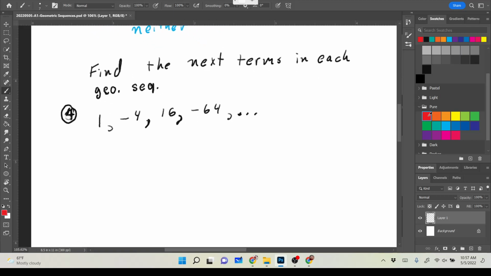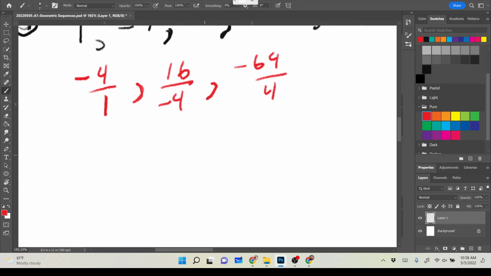To get to the next one, what's the ratio? It's not 4, it's not 1/4 either. It's always -4.